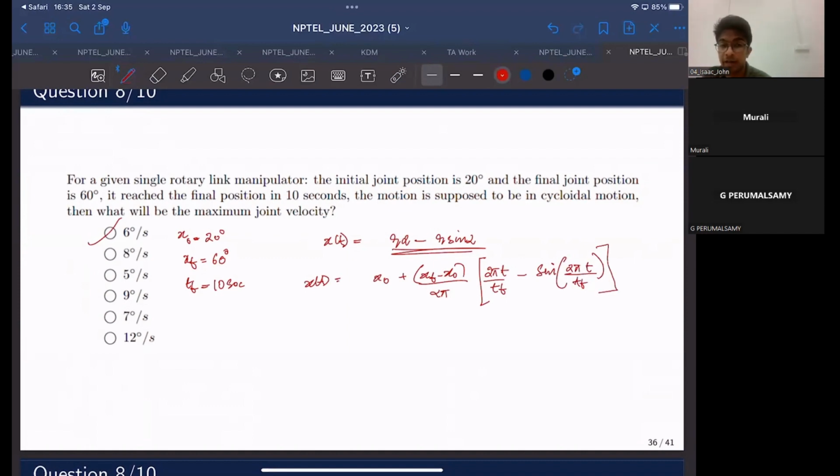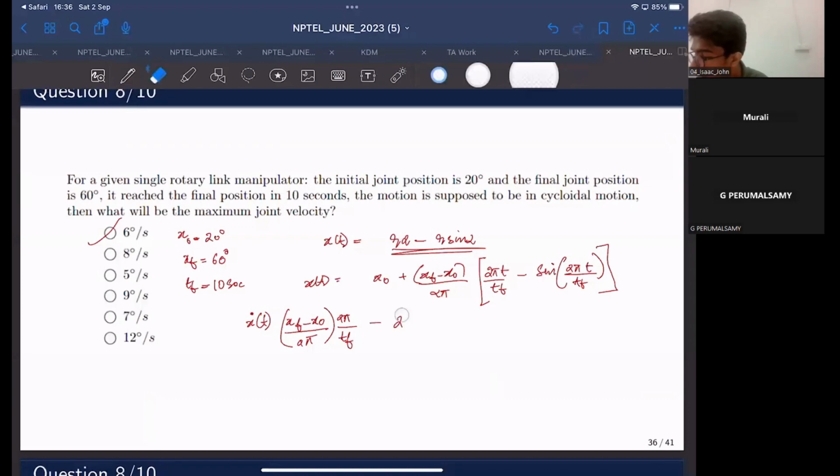So in order for you to find out the velocities, you will have to take the derivative of this equation with respect to time. So what would that be? The velocity x dot of t would be (xf minus x0) by 2 pi times 2 pi by tf, then minus (xf minus x0) by 2 pi.